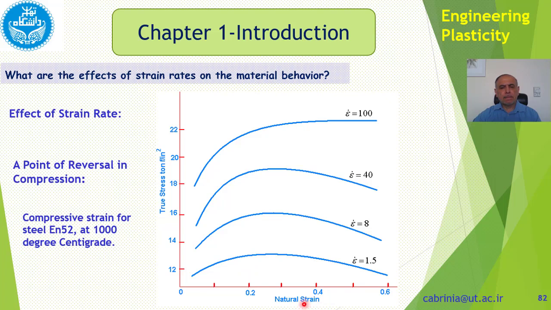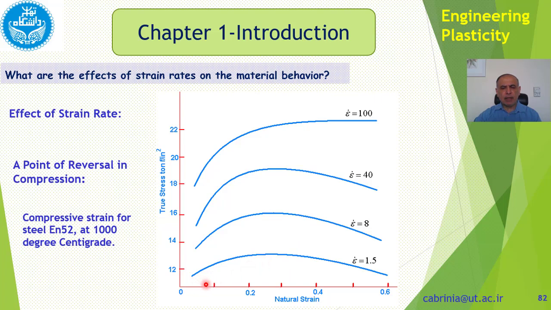The reason for this, we call it the point of reversal in compression. This happens in compression. For instance, in industry, people who work in forging workshops observe such behavior. They say that as we work more on a material, if a material is worked further and further, the forging load decreases.